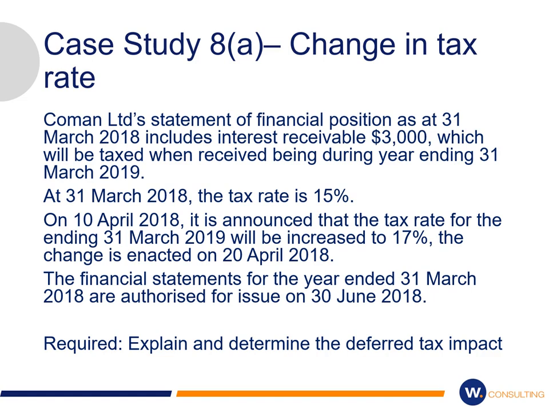So before we move on, let's just digest that part. Interest receivable, that's the carrying amount. We have 3,000. We are saying that in future, it's going to be taxed when it's going to be received. So from a tax point of view, that would result in a tax base of 0. Why is that?